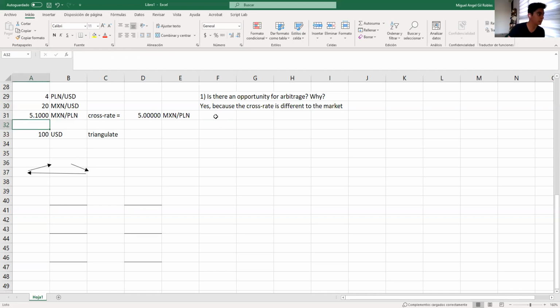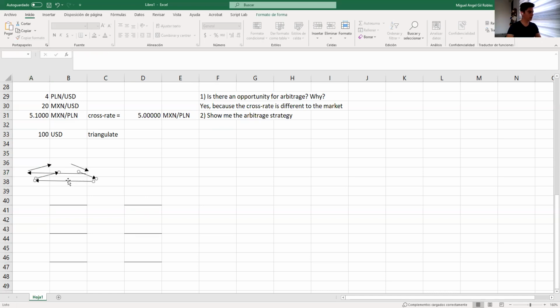So now the second question is, show me the arbitrage strategy. Show me the arbitrage strategy means do the triangulation that gives you profit. Okay, so let's do that triangulation. And here it's important that you know something, because you can have two different triangles.